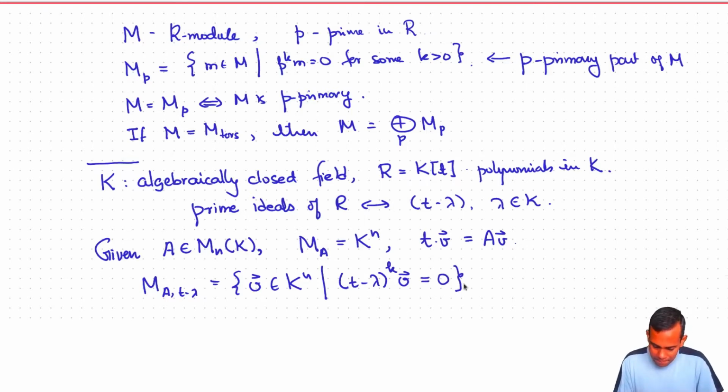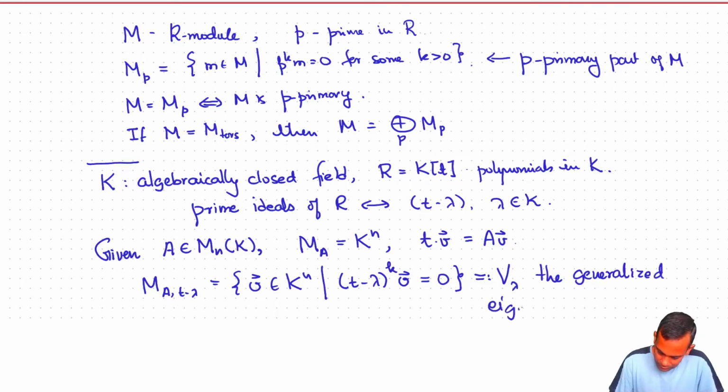And this is sometimes called the lambda generalized eigenspace of A. We usually denote it by V_lambda, and it's called the generalized eigenspace for lambda.